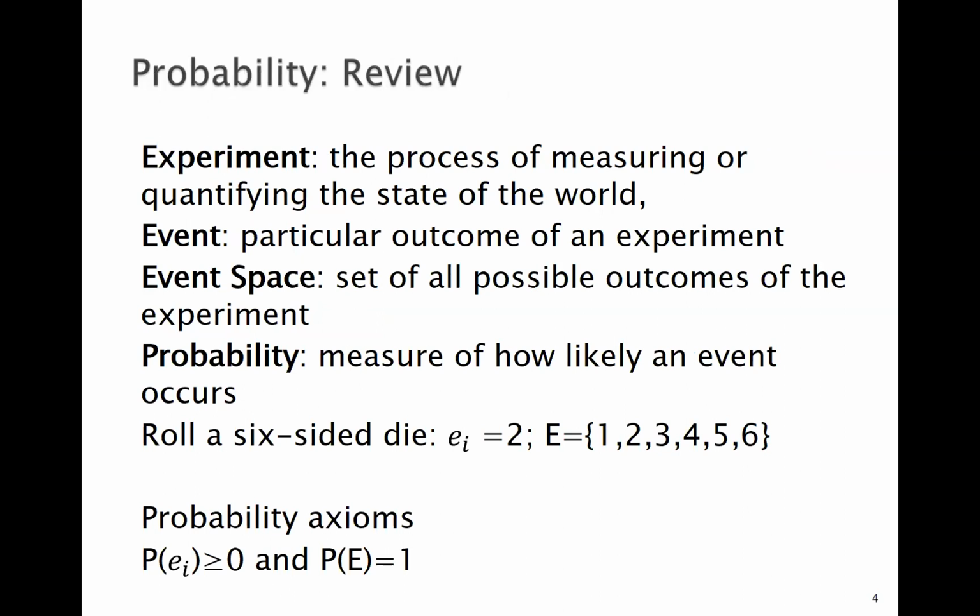That is a review, and we can first define some basic terms: experiment, event space, probability. You may imagine that you have a system, let's say an aircraft, and you are given some parts of the aircraft, and you do experiments.